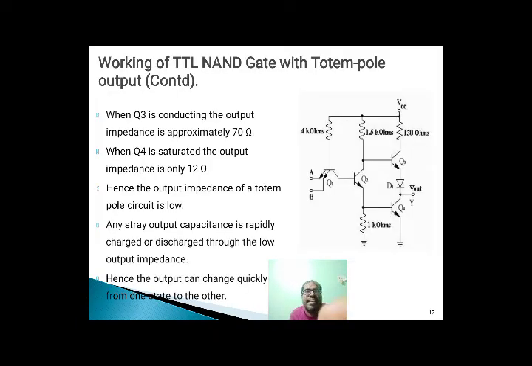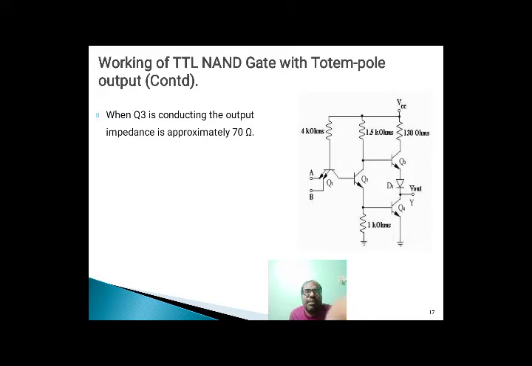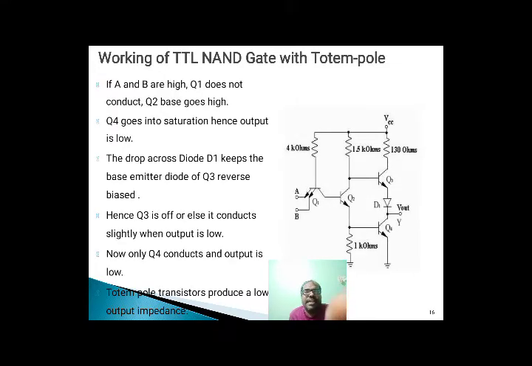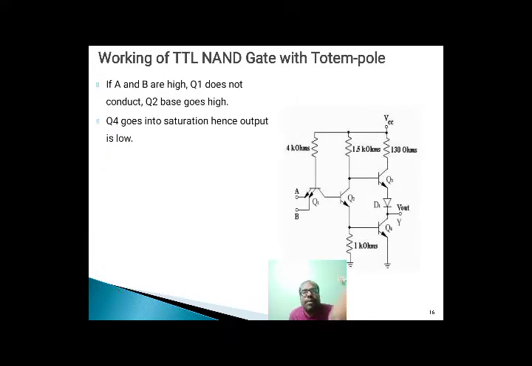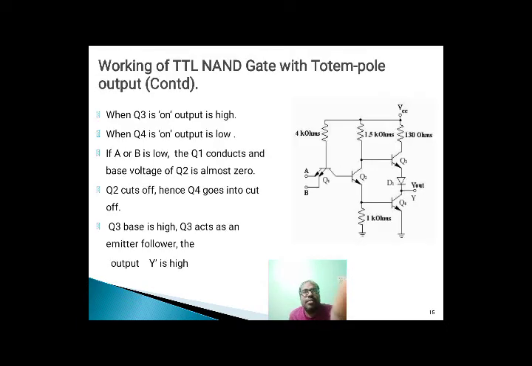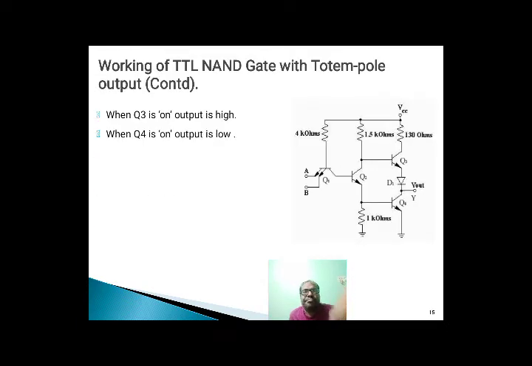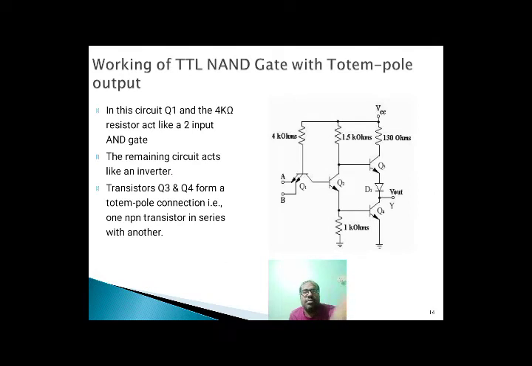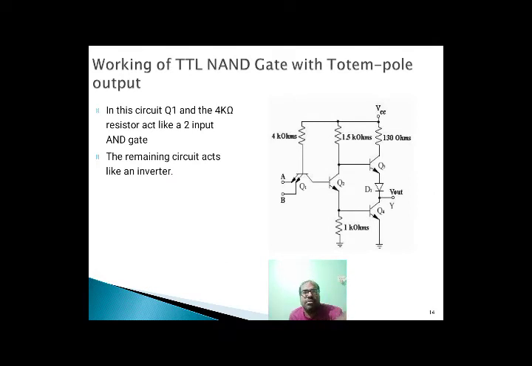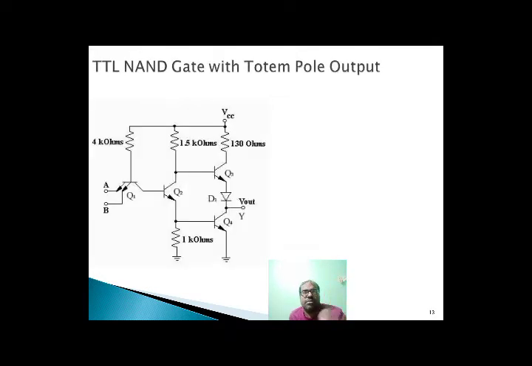Once again I am repeating the totem pole TTL NAND gate with the help of the diagram. See here, a standard TTL NAND gate is shown with totem pole output.